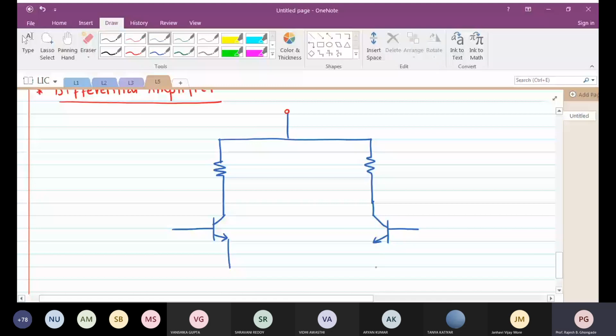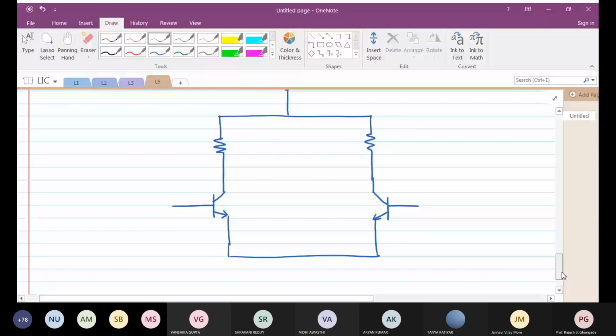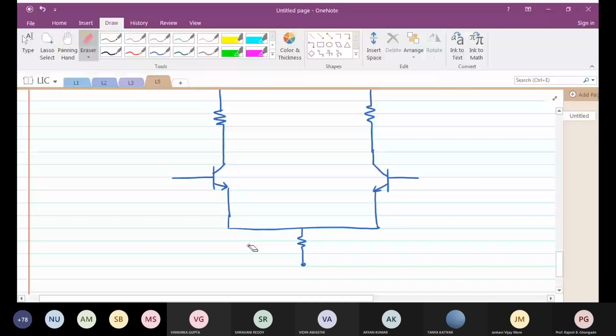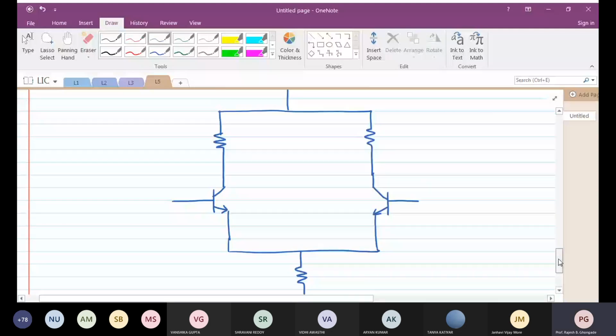An interesting circuit, this one. Okay, let me draw a bigger version. Here we have the inputs.